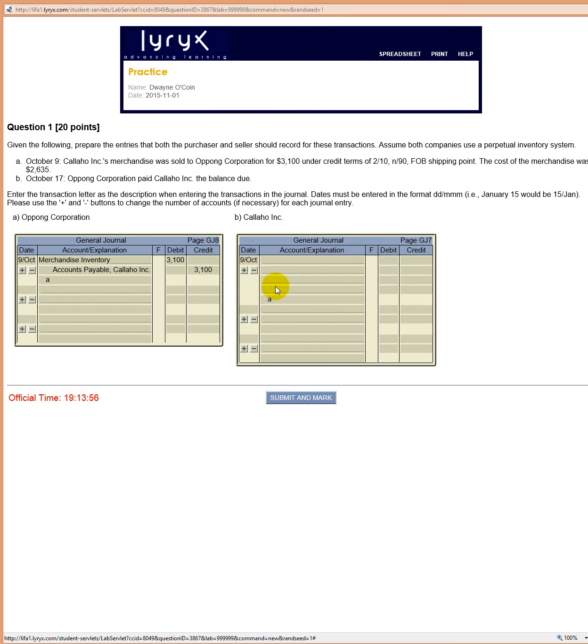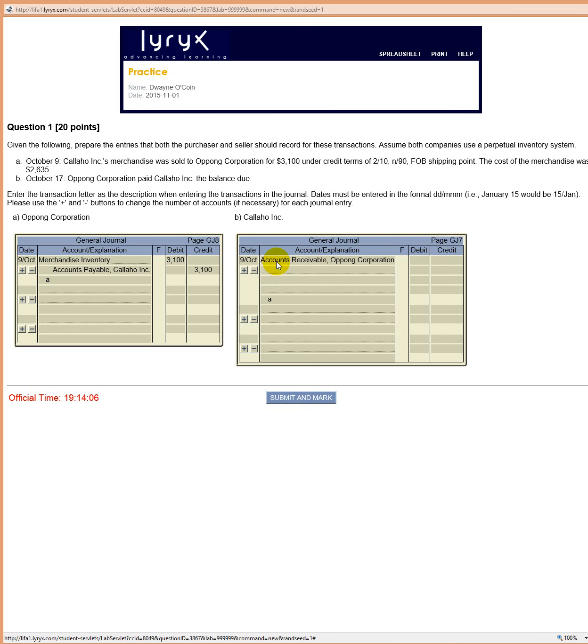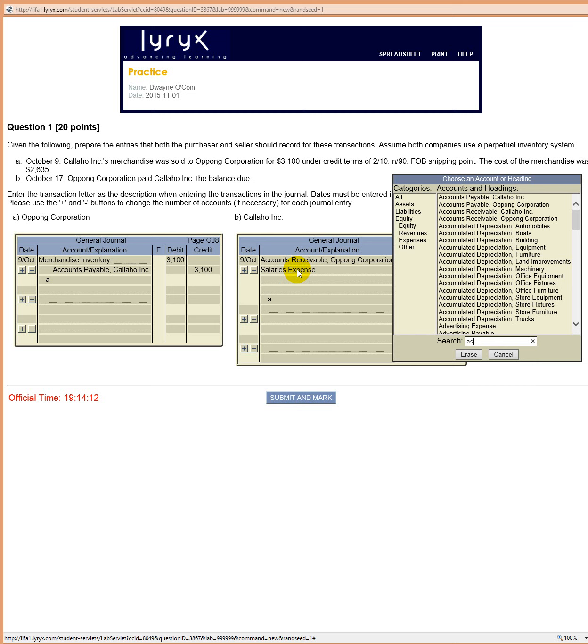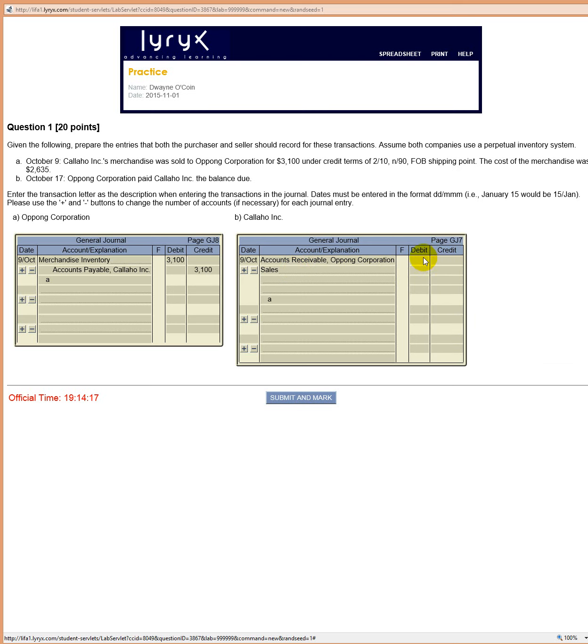So here we have the four-part entry where we record the sales and the cost of goods sold as separate lines. For the sale, we have an accounts receivable from Opong Corporation, and sales revenue. Oops, I recorded salaries expense. I want sales. There we go. The amount of the sale was $3,100.